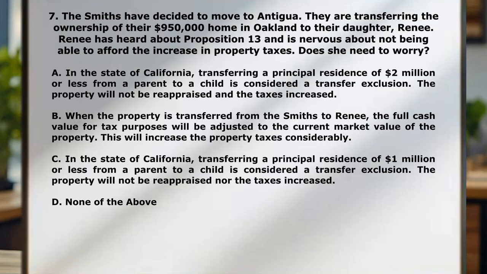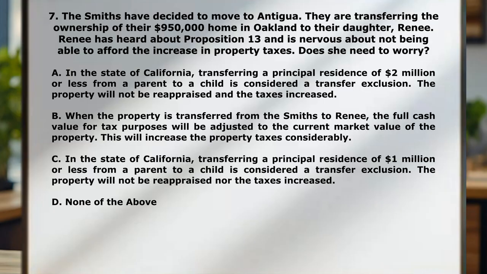This will increase the property taxes considerably. C. In the state of California, transferring a principal residence of $1 million or less from a parent to a child is considered a transfer exclusion. The property will not be reappraised, nor the taxes increased. D. None of the above.